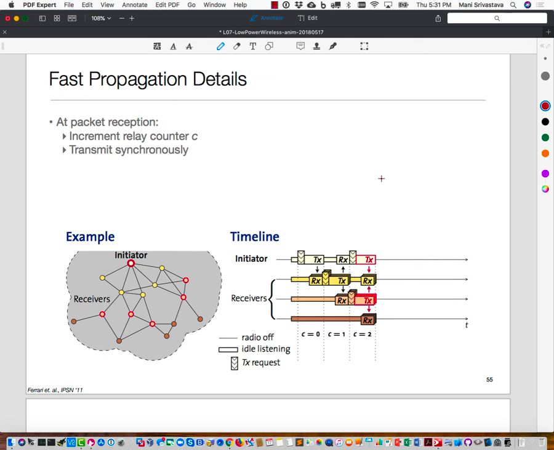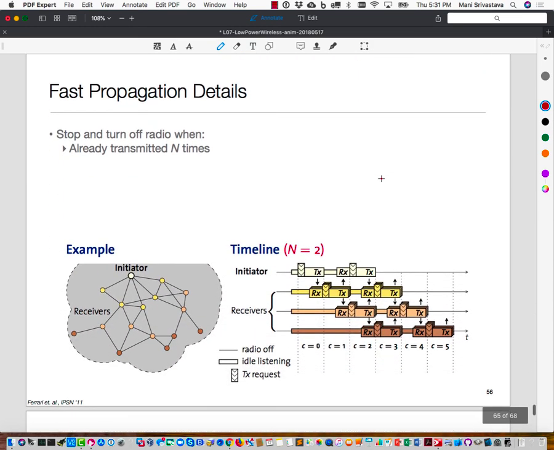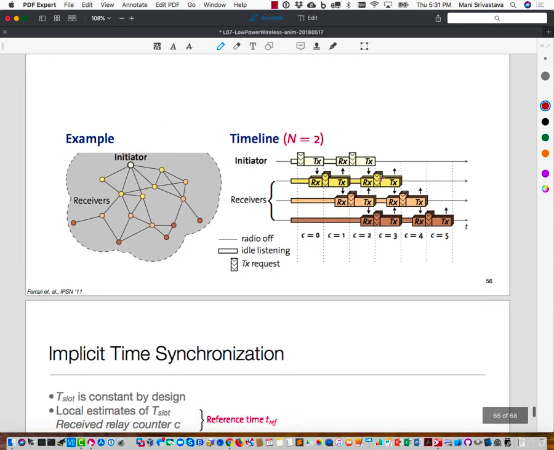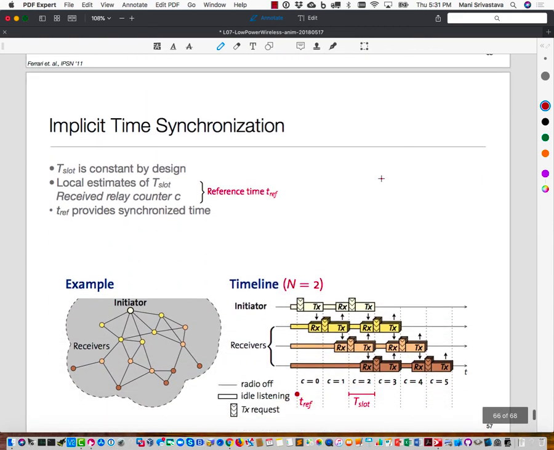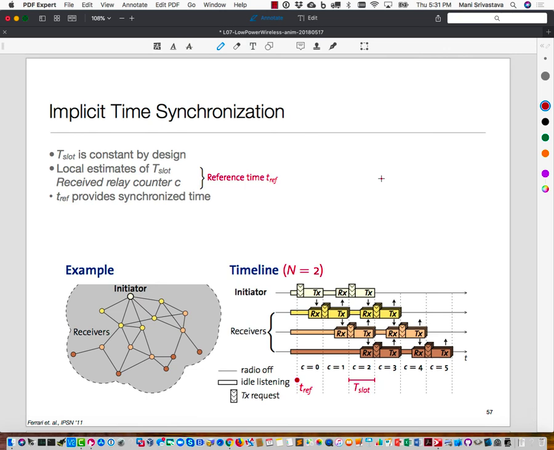Okay, so that's the fast propagation idea, and that's what's going on. Every time this message is going through, you're actually also getting an opportunity to synchronize.